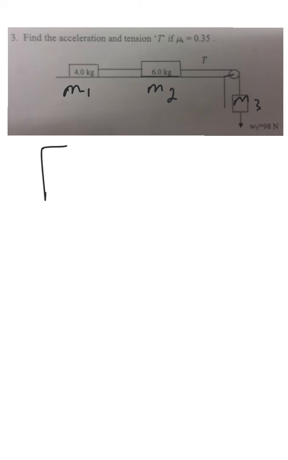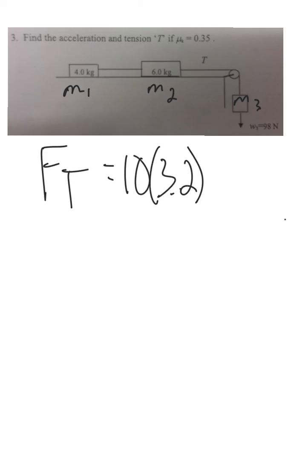Ft is going to equal M1 plus M2, which is 10, times 3.2, plus the total amount of friction, which is plus 13.7 plus the 20.6, the two different frictions that we got.